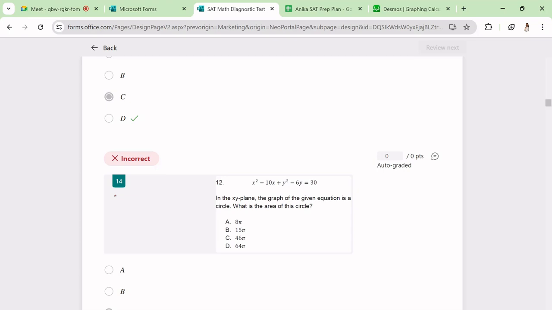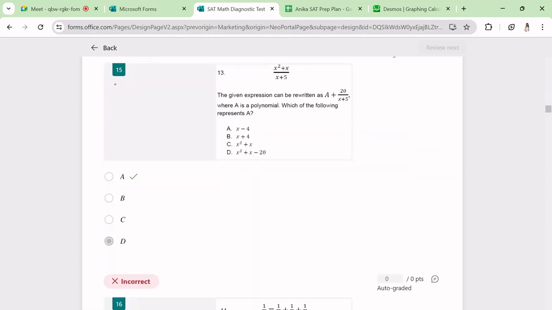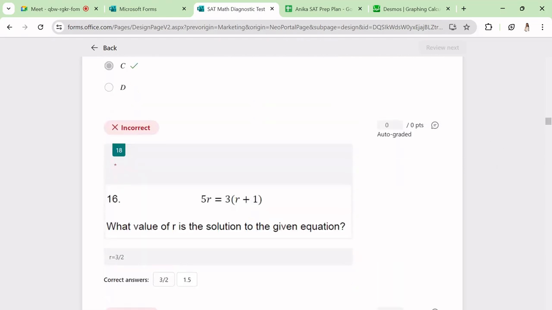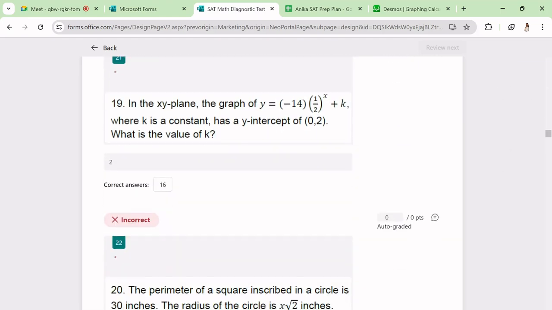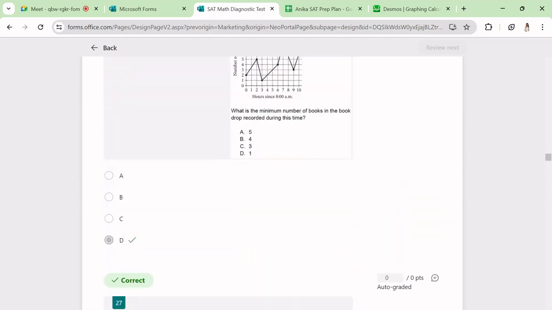I'm gonna send you a lot of questions, Anika, based on this type that we did, finding out equations of circle, finding out radius if the equation is given, and if a line is tangent to the circle. Let me see if there is another question of circles. I think there was one more.